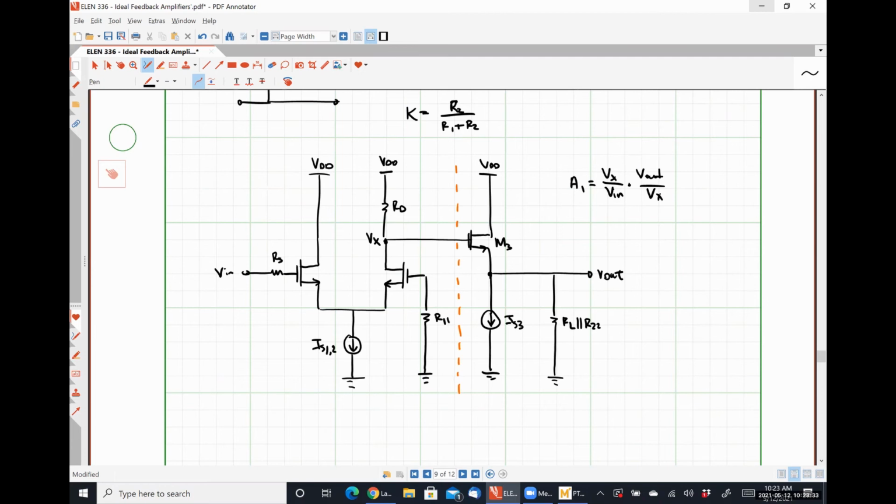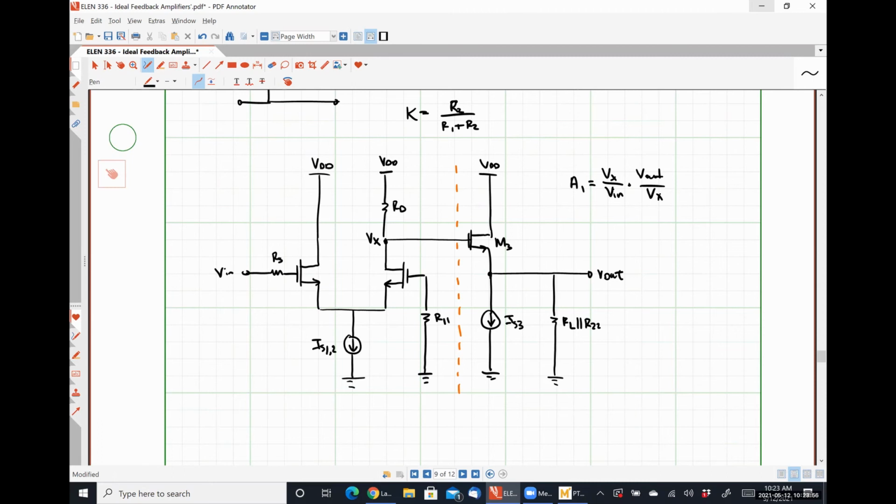All right, so because we have a messed up differential pair, again, we can't do simple half circuit analysis, which would tell us that our output signal would just be negative gm1 RD, right?